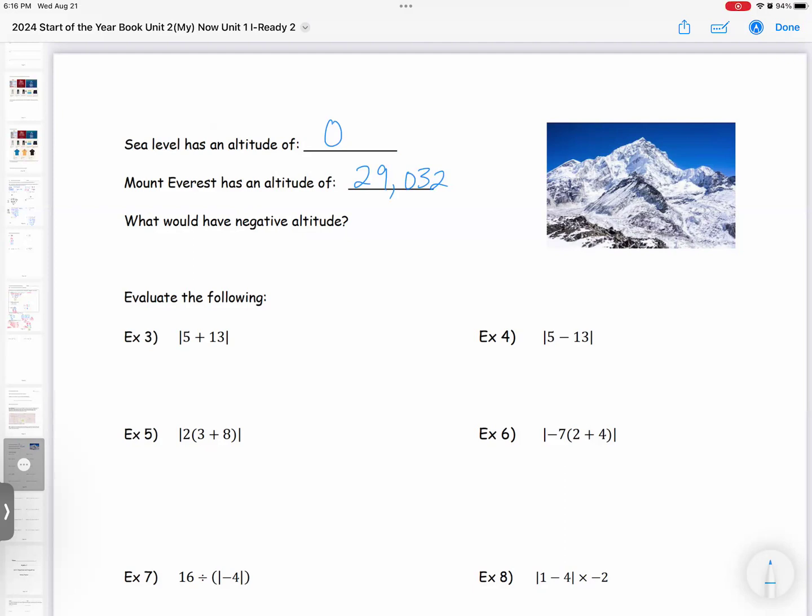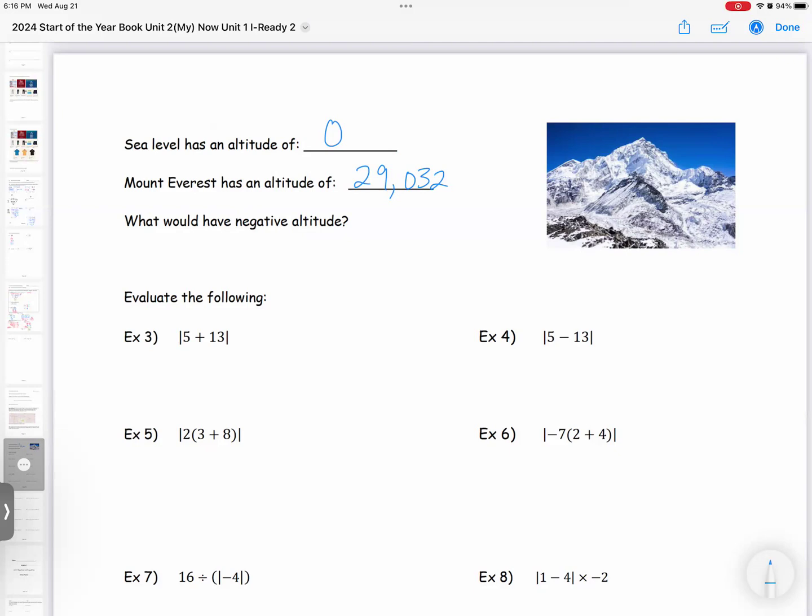In previous years I've seen that number differ, not by much. In 2024 it's now 29,032. I think last year or the year before, it was like 29,027 feet. But yes, Mount Everest is 29,032 feet high.